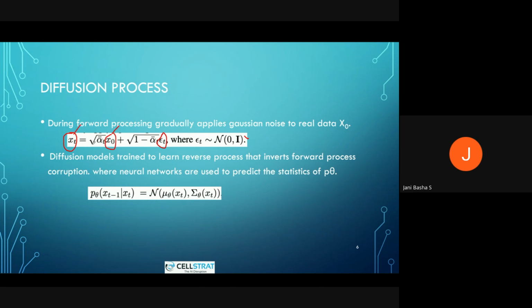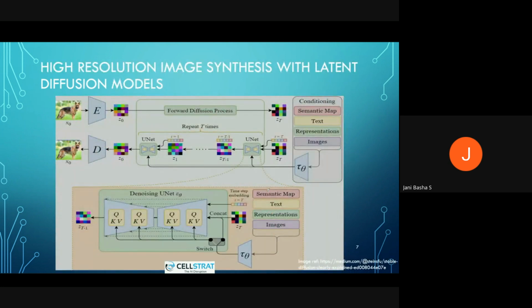This is how we generate the noisy image in the forward diffusion process, and we are using the U-Net here for predicting the noise. So we'll predict the noise and subtract it from the image, and then we'll try to get the original image.